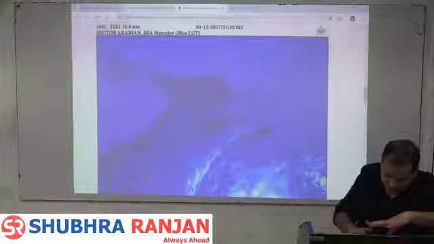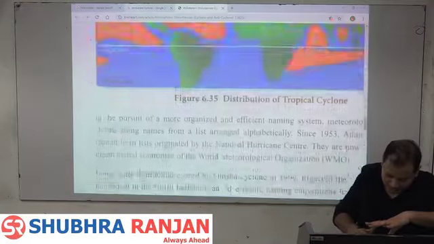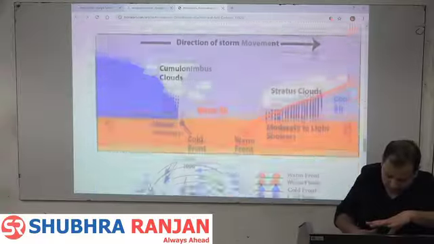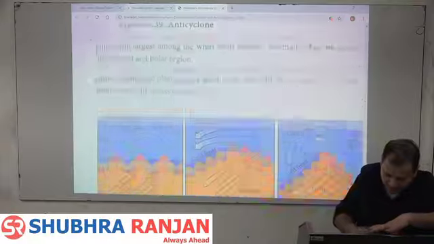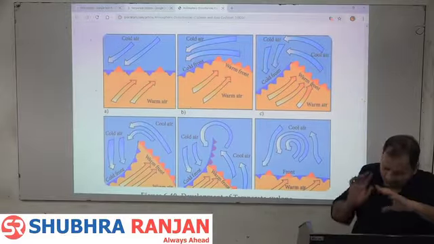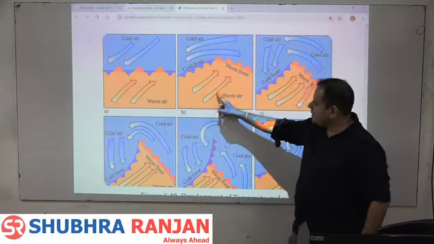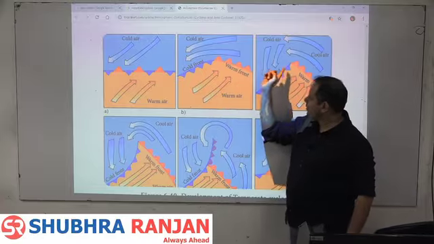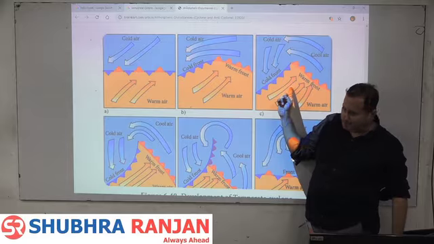Tropical cyclone is totally different. This is the temperate cyclone, stages. Stationary front, frontogenesis, cold front, warm front. The cold air will try to come into the territory of warm air, मुड़ गयी. It has become westerly in nature.